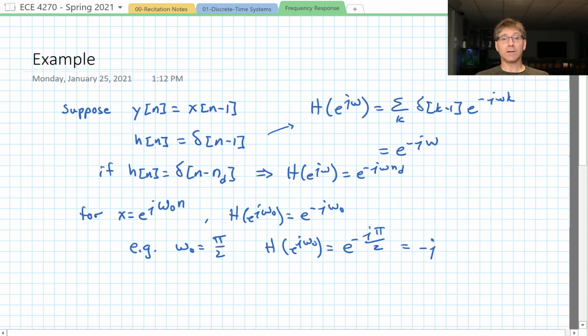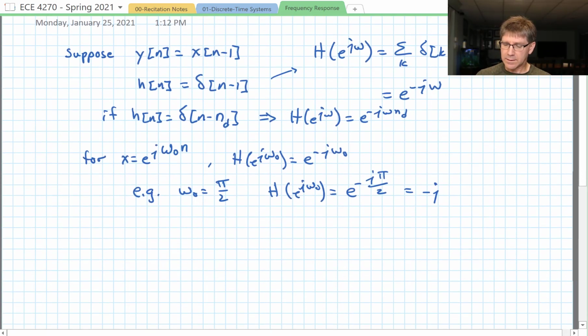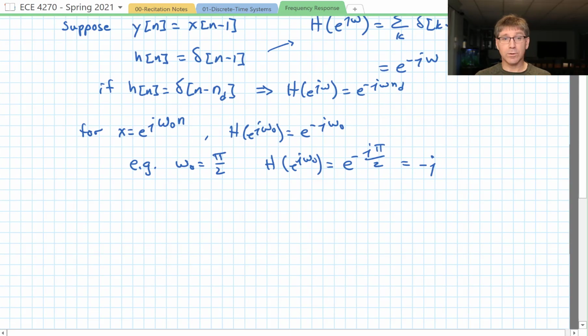So it does turn out to be a single number once we've given it something. In this case, it's complex. It's the negative imaginary number, and it will always work out to some number.